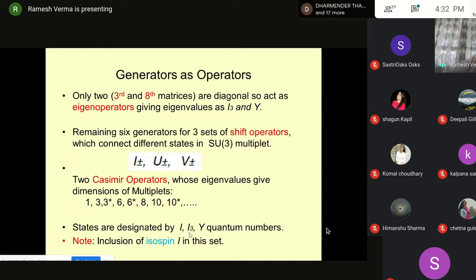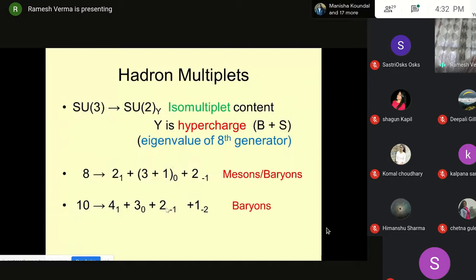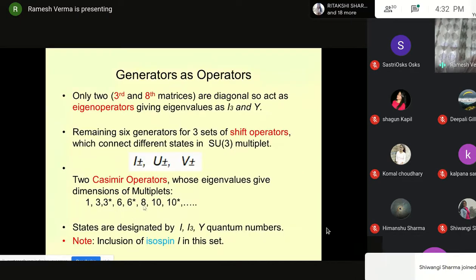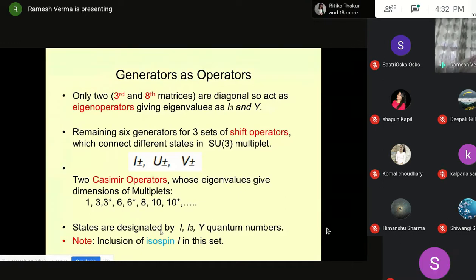I3 is already included. So in that way, the set of quantum numbers required to designate members of the SU3 multiplet is I3 and Y. This is very important. So in this way, first of all, realize that the octet and decuplet of baryons, where 1, 8, and 10 represent, are naturally provided by SU3.